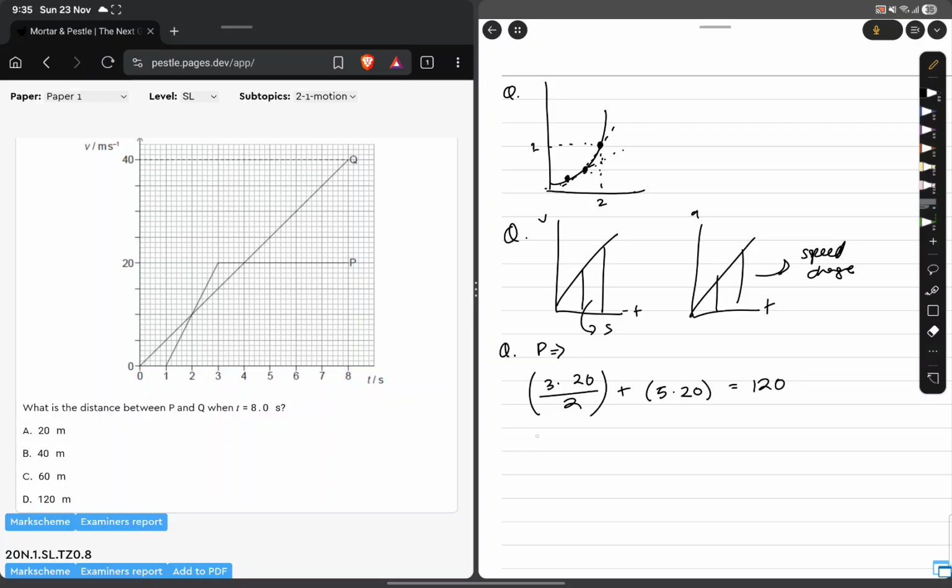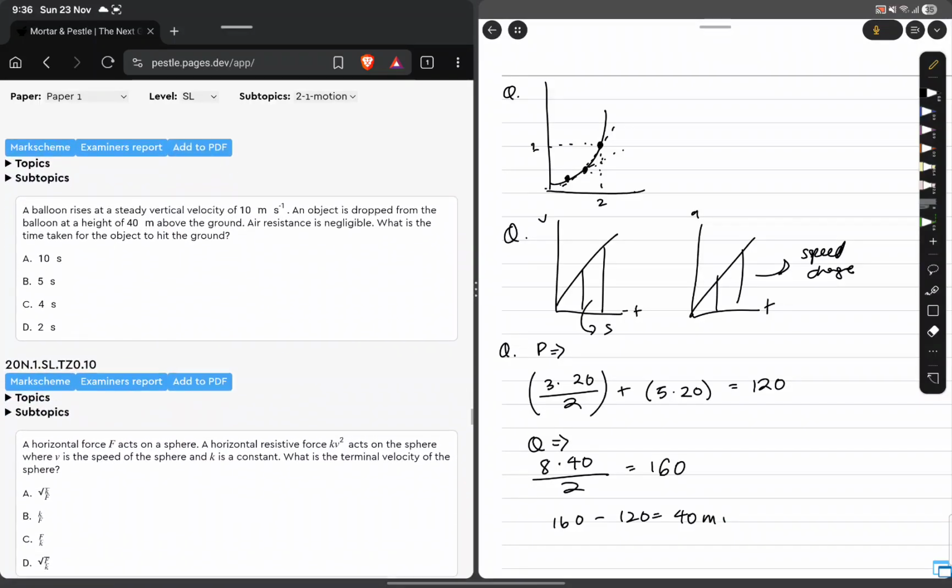And then for Q, it's just linear, so it's going to be 8 into 40 over 2, which is 160. And then if we subtract 160 minus 120, it gives us 40, which is B. And that is the correct answer.